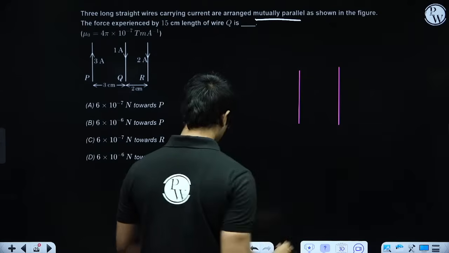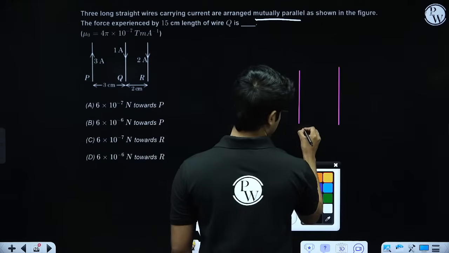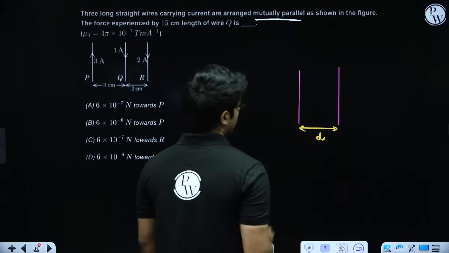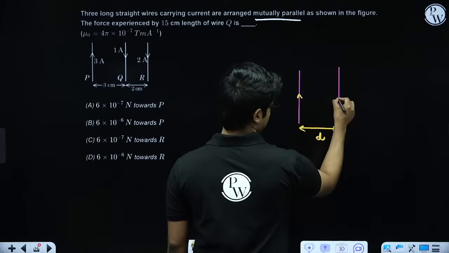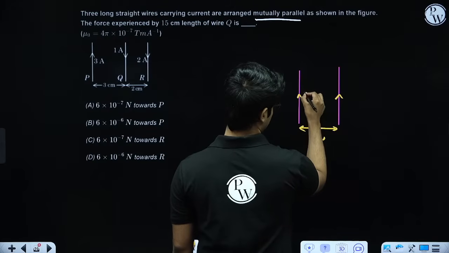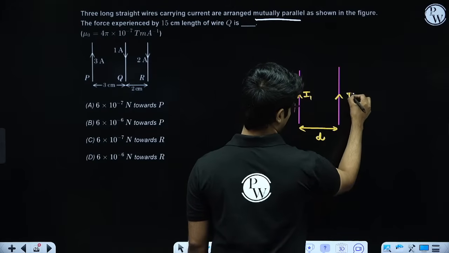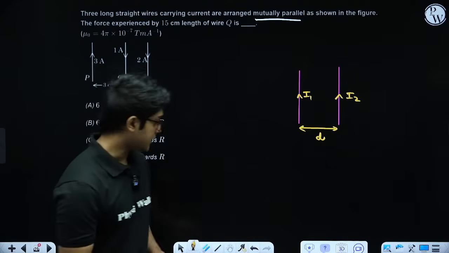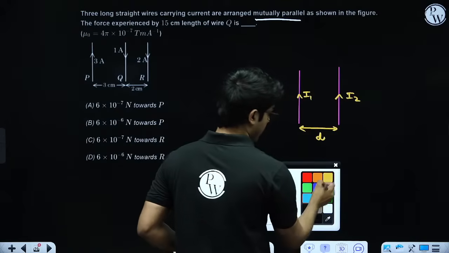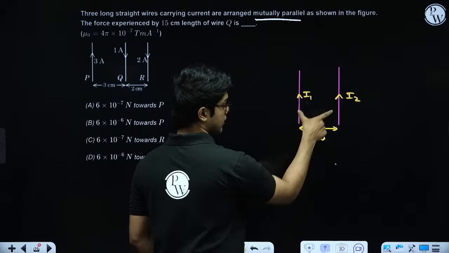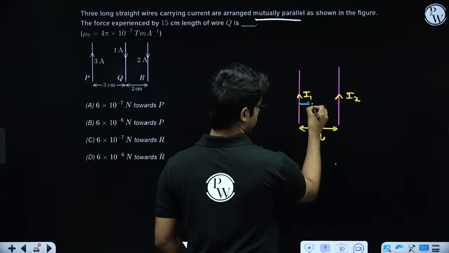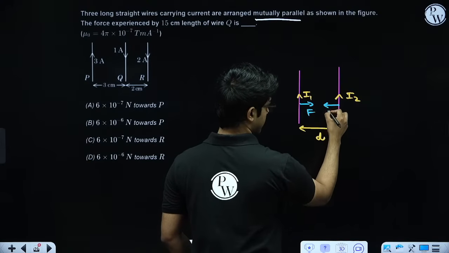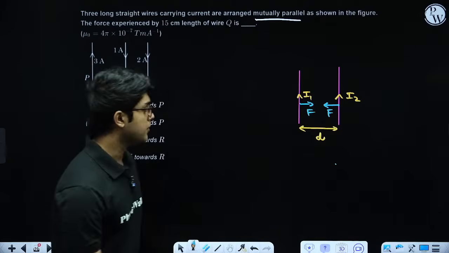These are 2 long current carrying wires and their separation is, let's say, D. Now this depends on whether the currents in each of these wires are parallel to each other. Then you must know that these 2 wires attract each other. Whenever we have parallel currents like this, they mutually attract each other. The second wire attracts the first wire with some force F, and similarly vice versa.